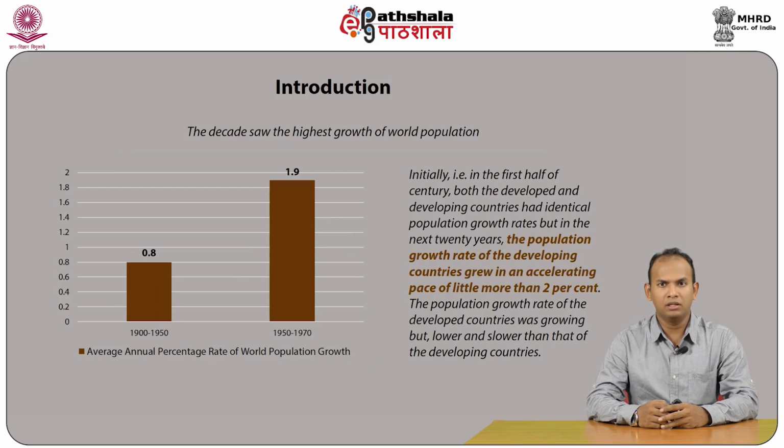During the period 1900 to 1950, the average annual rate of world population growth was 0.8%. That rose to 1.9% during the 1950 to 1970 period. Initially, that is, in the first half of the century, both the developed and developing countries had identical population growth rates.